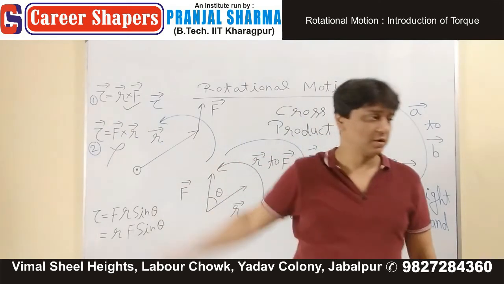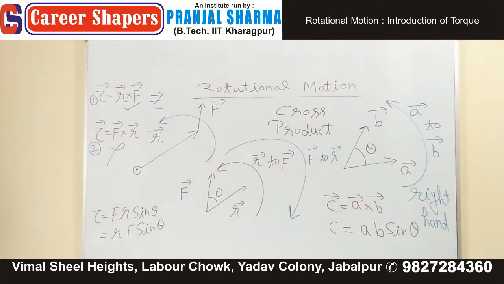Note down everything. Now those of you who did not answer this, are you comfortable with this part, R cross F? Difference between R cross F and F cross R?